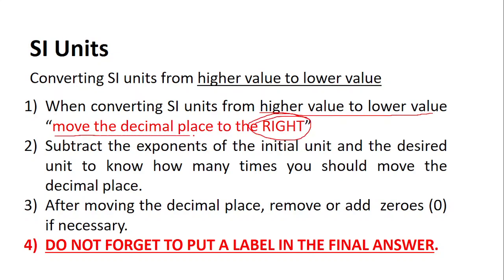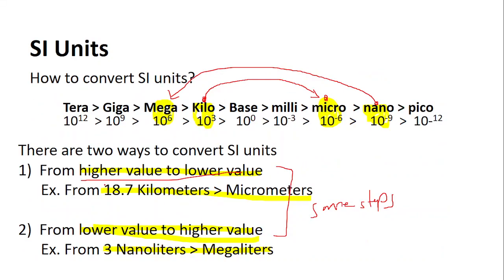You will move the decimal place to the right class. Tandaan nyo siya. Okay, balik kita. So, ang bagay ni anaton, higher to lower. So, when you look at the arrow, from kilo to micro, higher to lower, the arrow points to the right class. So, pa-right man ang pag-move naton sa decimal place. So, aram naton na ini na decimal place or decimal point, pa-right lang ang pag-move naton class. Okay? So, amo na siya ang first step.